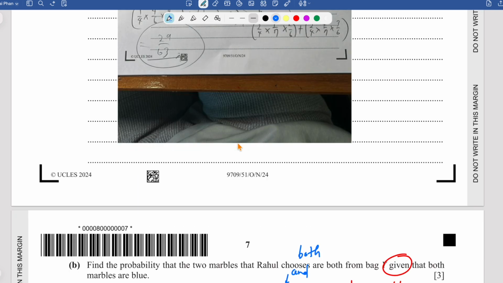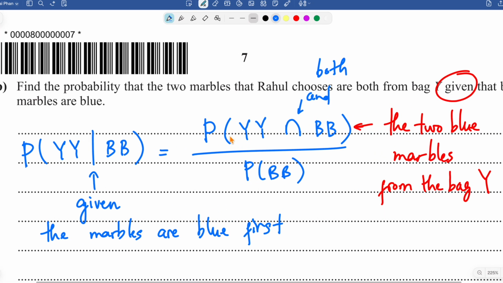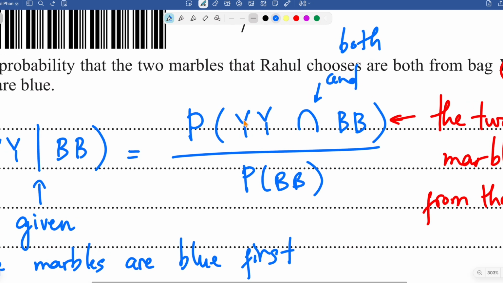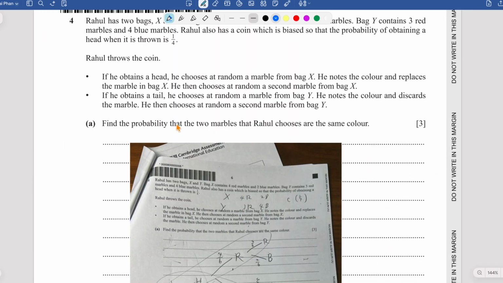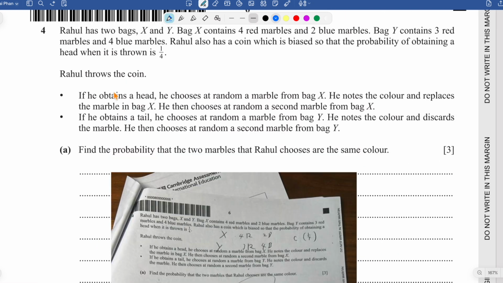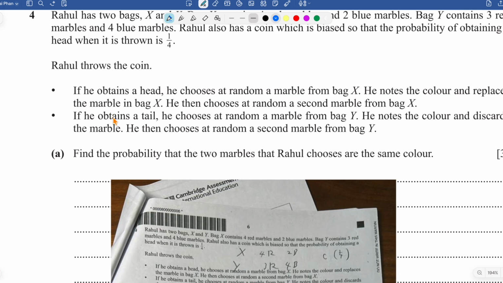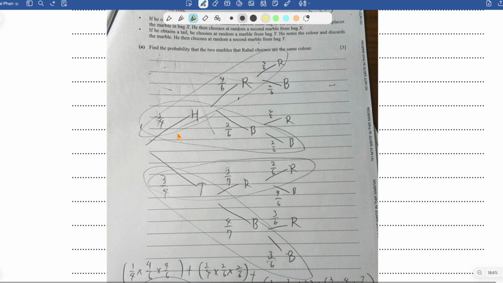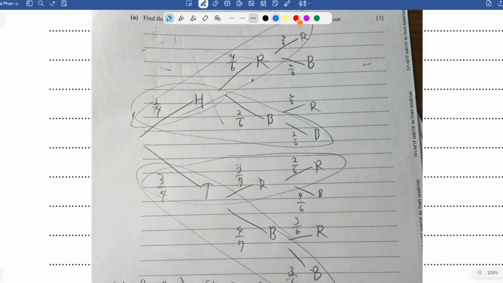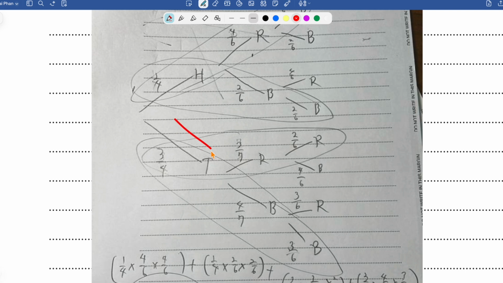Let's consider the top first: the probability that the balls are from bag Y and blue. Reading question A again: when the coin is tossed, if he obtains a tail, he chooses marbles at random from bag Y. So we just focus on the tail branch and temporarily do not care about the head branch.